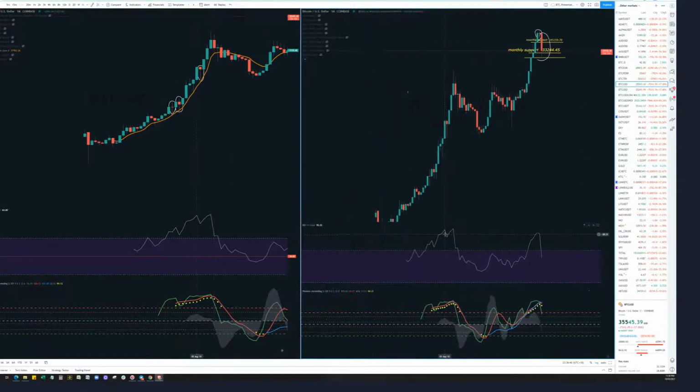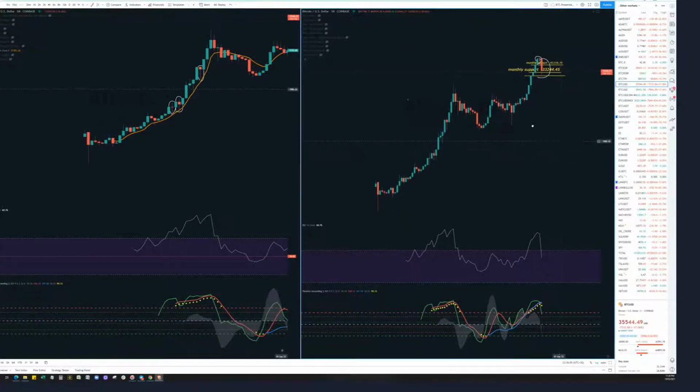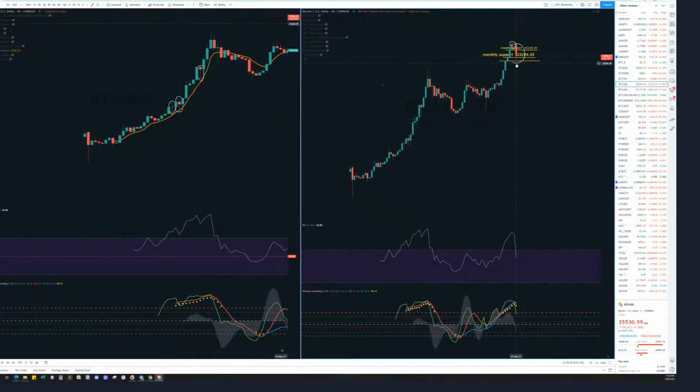So you can see this RSI was not as overextended as in 2017. So on the monthly, that just shows you that we weren't really that overextended. Still extended, but not overextended compared to 2017. But we didn't have this kind of formation on the RSI, did we? That kind of pullback only occurred when we hit the top. So that's not a good sign.